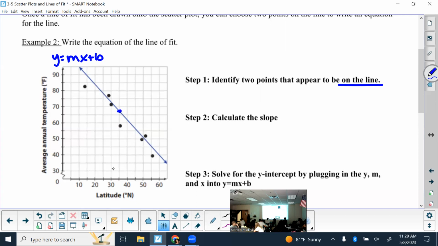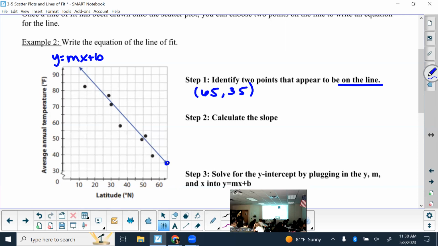The x is 35. Do you need to reverse your coordinate? Okay, so then what is it? 65, 35. That works. So remember, it always goes x and then y, so 65, 35 is on our line.